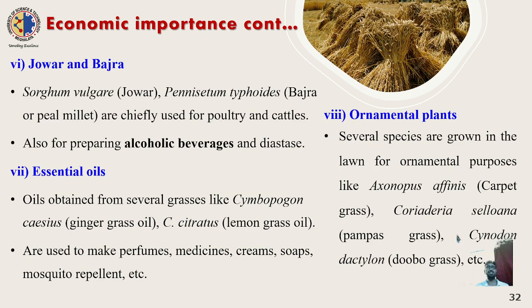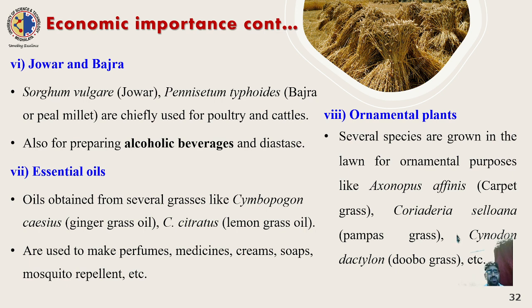The next economic use of this family is jowar and bajra, which are also cheaply used as feed for poultry and cattle, and also for the manufacture of beverages. Essential oils are another important economic importance.